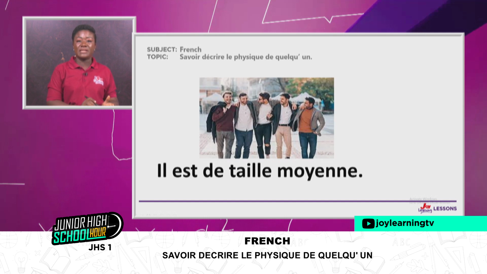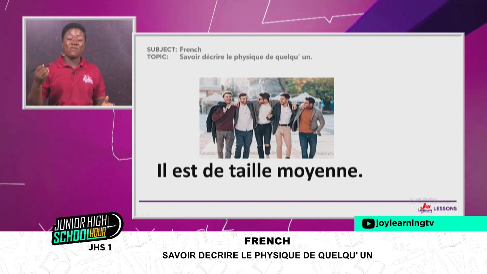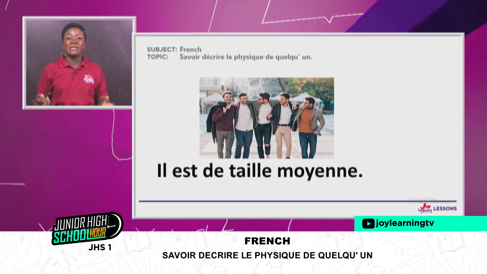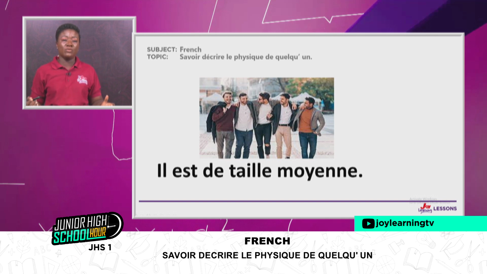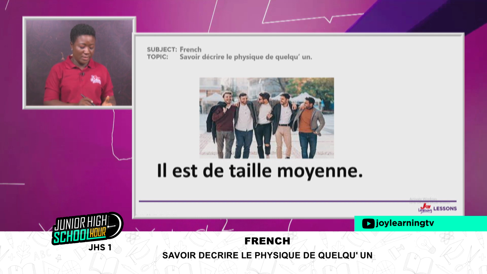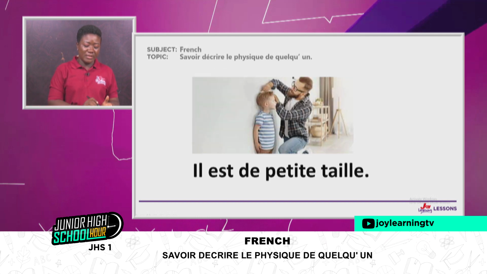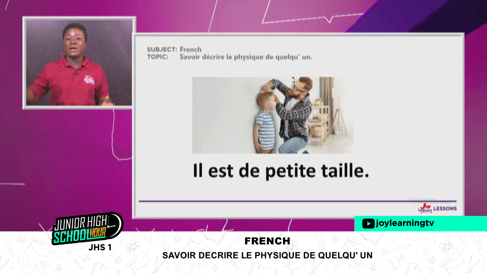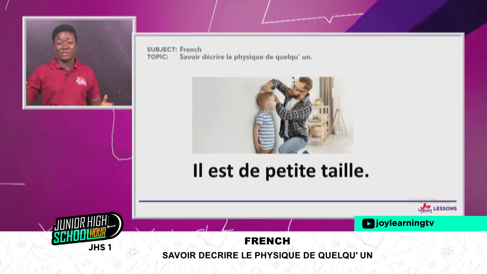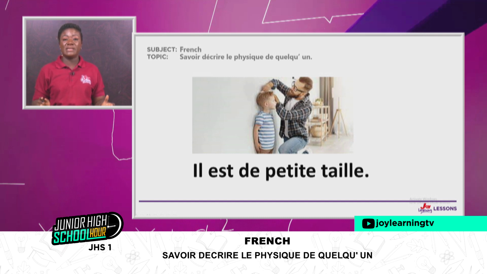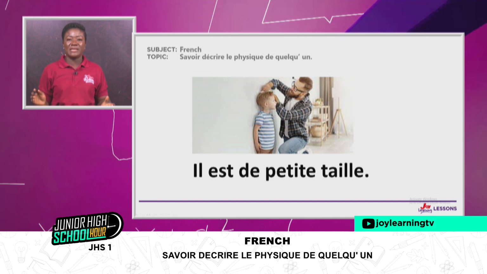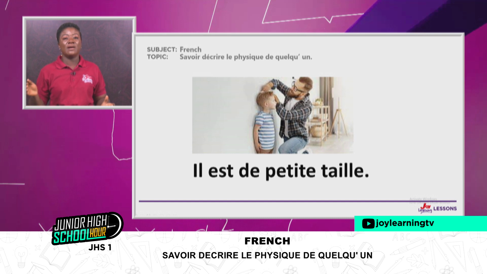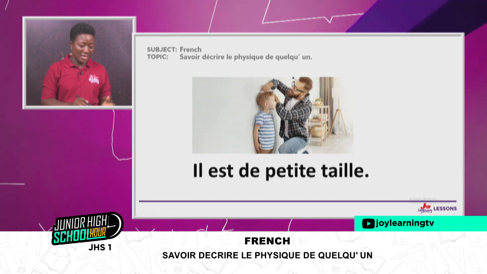Then we said, someone who is of an average height will say, il ou bien elle est moyenne. If the person is short, we will say, il ou bien elle est de petite taille.